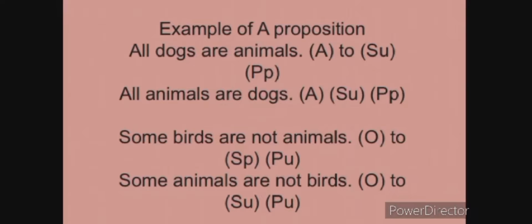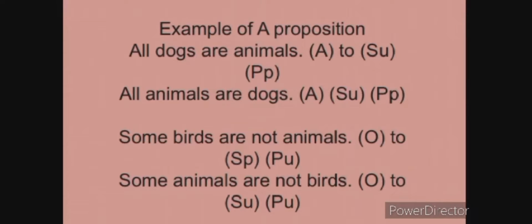So, some birds is represented as a subject of universal. So, ang animals is predicate universal. So, kapag na-convert na siya to simple conversion, some animals are birds. So, ang some animals is subject universal, while the birds is predicate universal. So, hindi siya na-retain again ang meaning ng sentence.